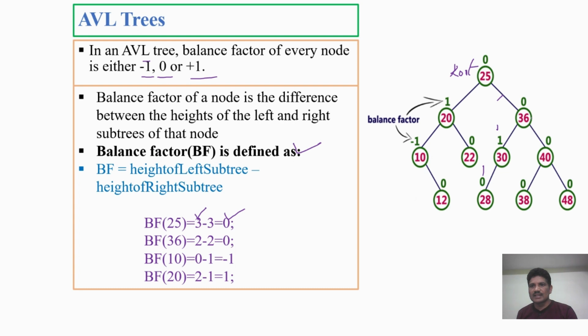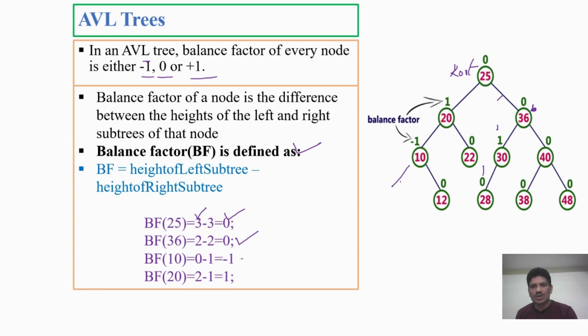Like that you can find the balance factor of 36. The height of the left subtree is 2, the height of the right subtree is 2, so the value would be 0. Then the balance factor of 10: the height of the left subtree is 0, the height of the right subtree is 1, so the balance factor is -1.